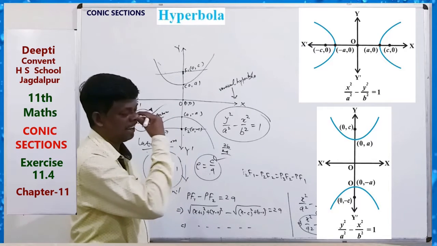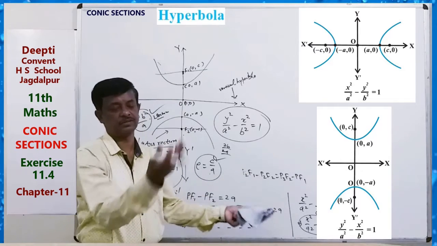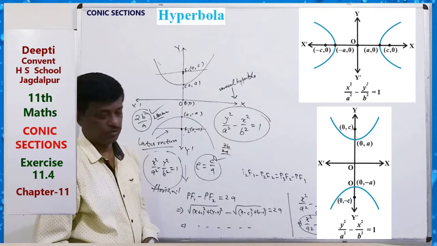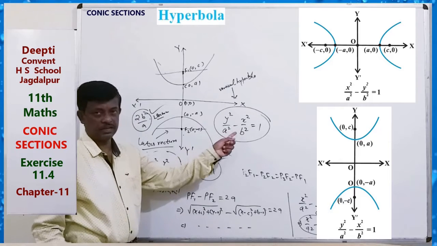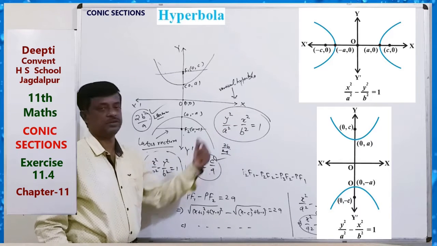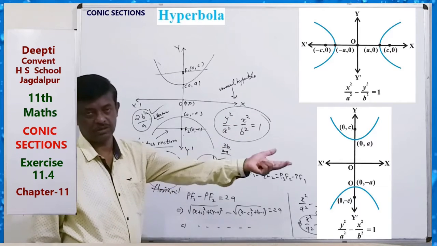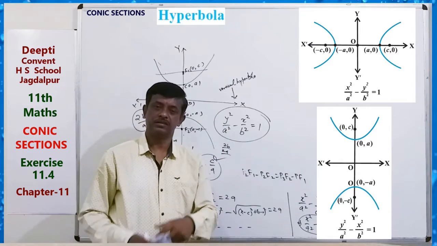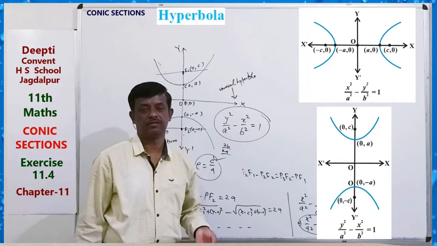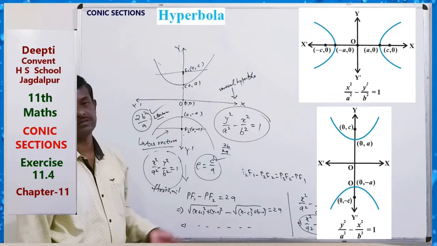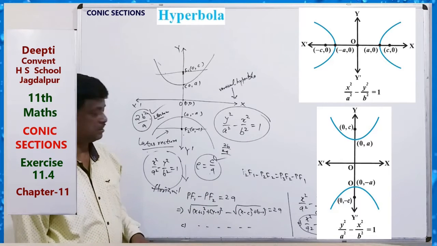Except for the major axis and minor axis, here we have the transverse axis and conjugate axis. The vertical equation is like this: y square by a square minus x square by b square. So from the equation of the hyperbola, it is clear what the format is, what the transverse axis is, and what the conjugate axis is. Clear?